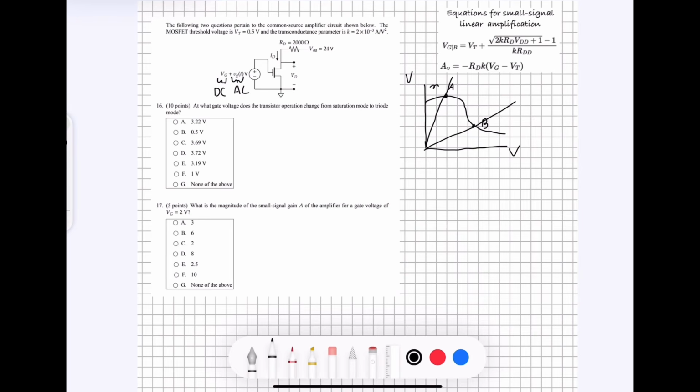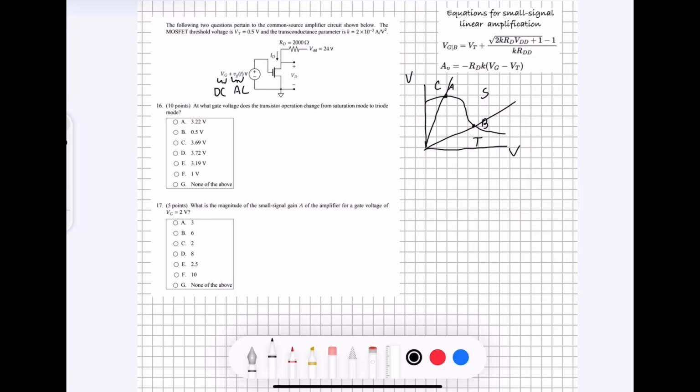This is the cutoff region, this is the triode region, and this is the saturation region in here. What we're looking for is the gate voltage at this point B, and that's why this voltage has G and B, because it's the gate voltage at point B.